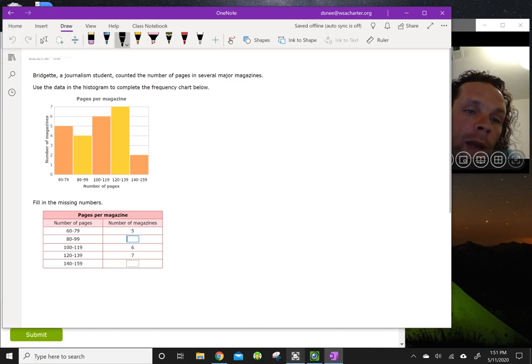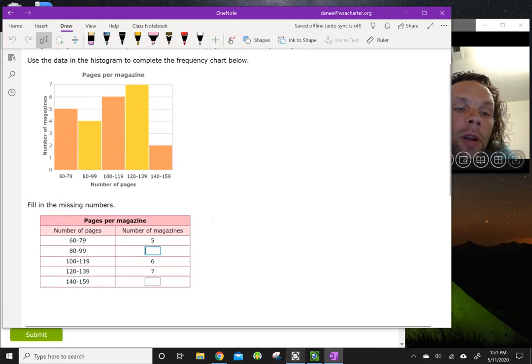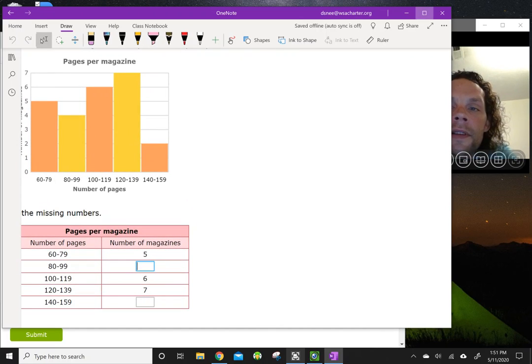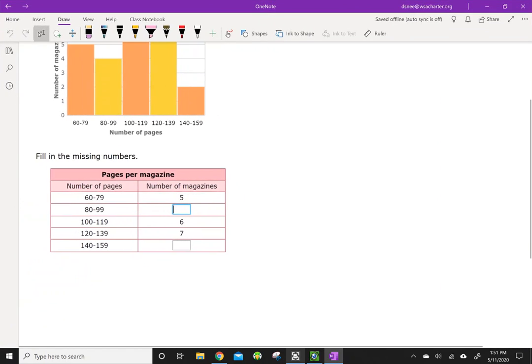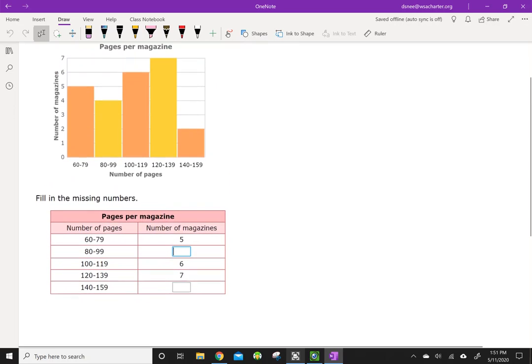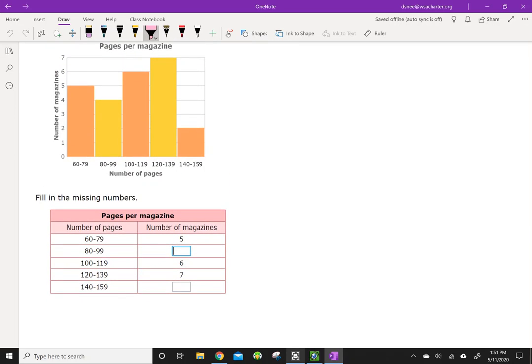So on my y-axis, I have the number of magazines. On my x-axis, I have the number of pages. And down below, I'm trying to find how many magazines have between 80 and 99 pages. Okay, and so that's right up here, and that's this right there.